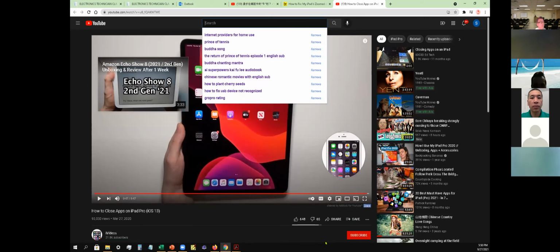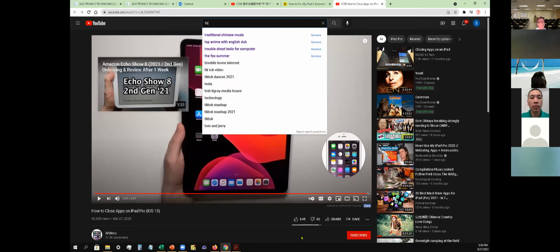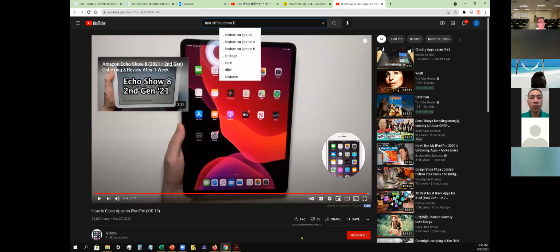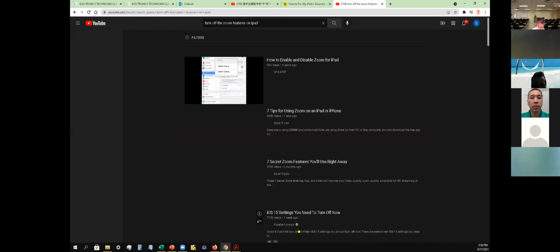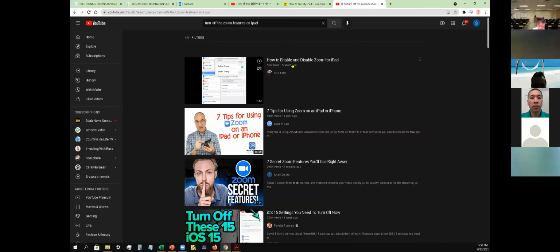So let me see. Turning off the Zoom features on iPad. Okay, how to enable and disable Zoom for iPad. Okay.